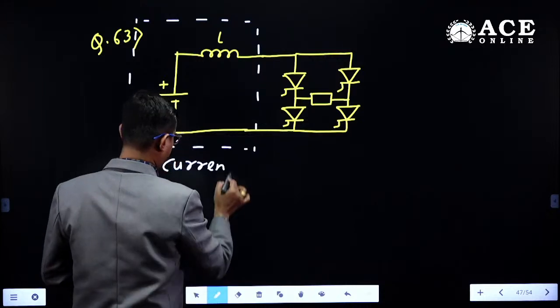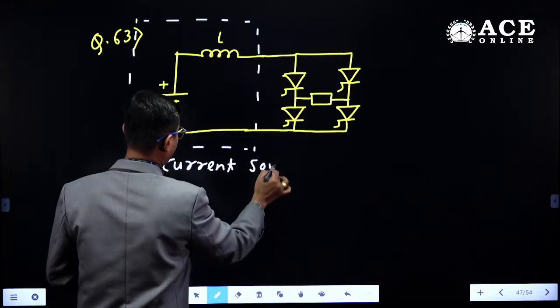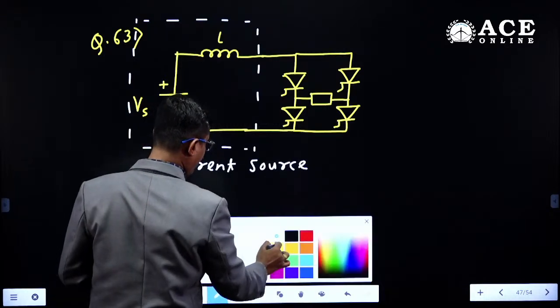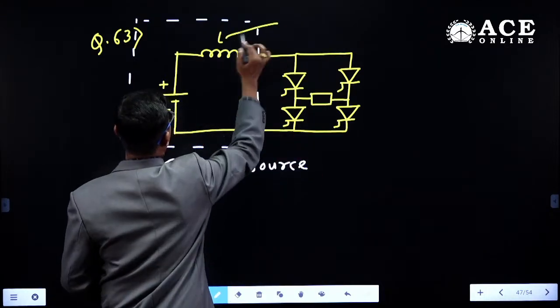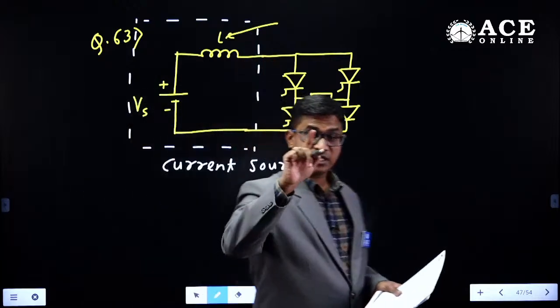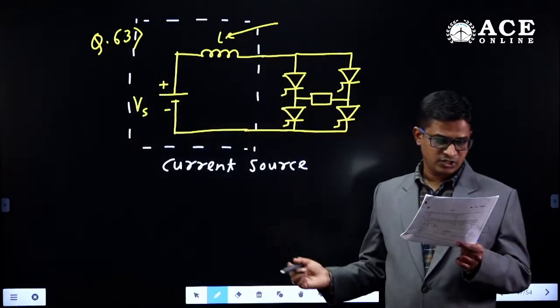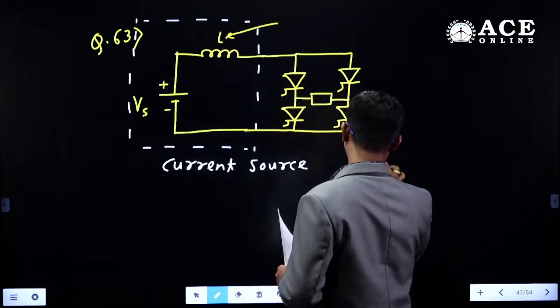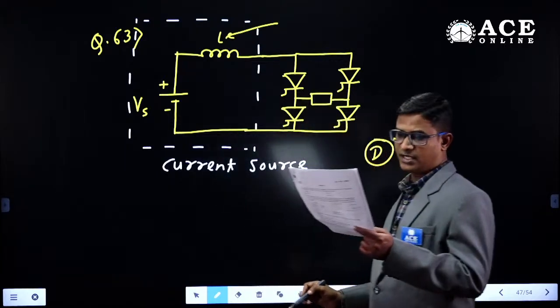So in a current source, we connect a high value of inductor in series with a DC supply. So the correct option is D, inductance in series with the DC supply.